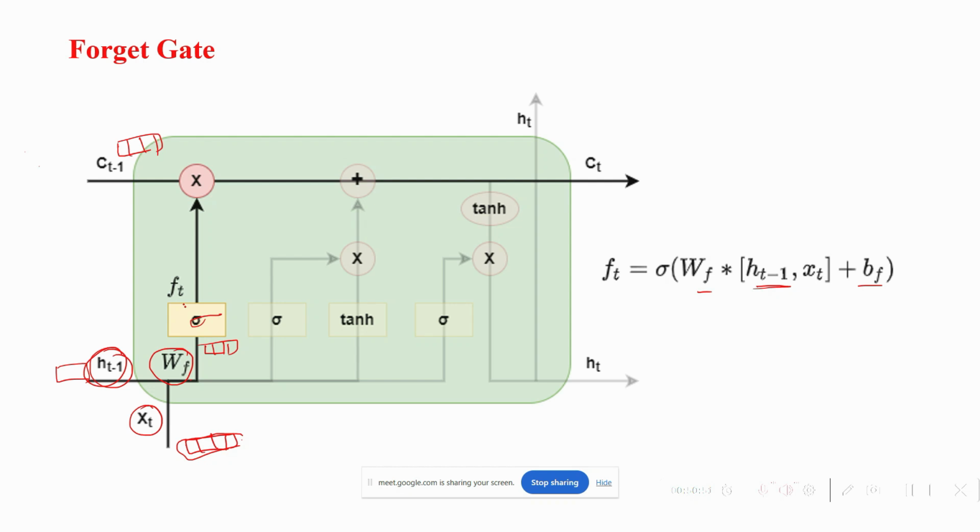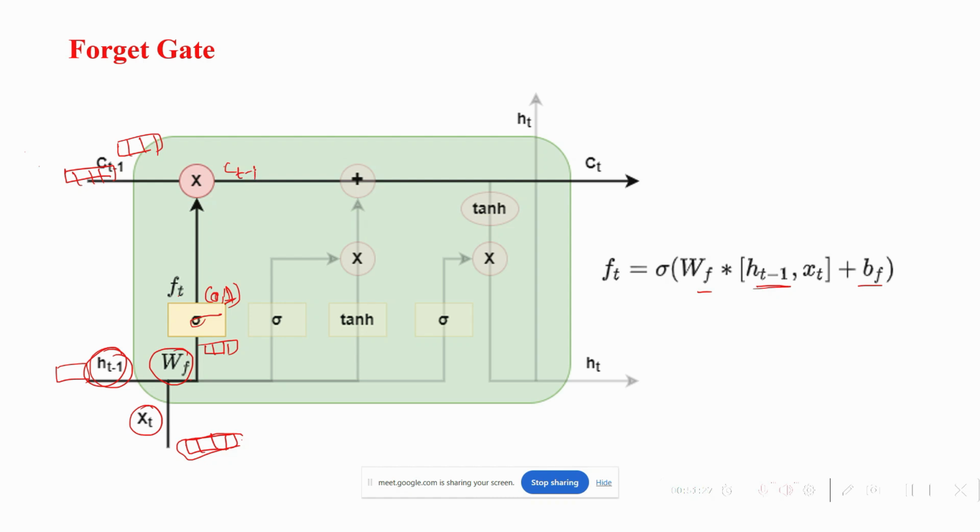Based on the present word information, we get an output between 0 and 1 from the sigmoid value. Then whatever information is in CT minus 1 is multiplied by the present FT value.